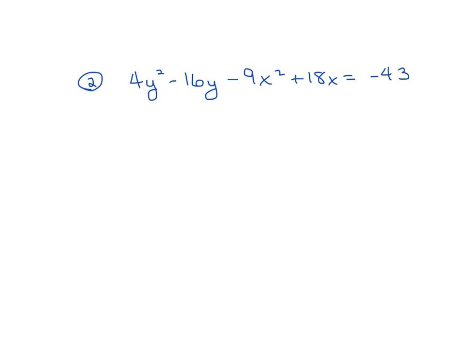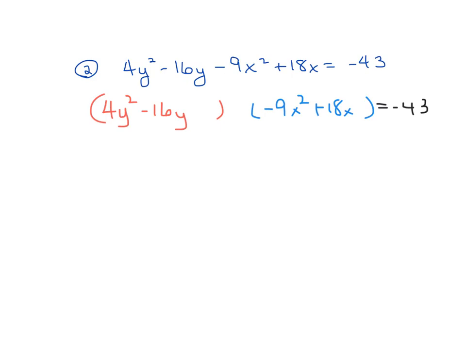So 4y squared minus 16y, make a group. Do the x's in blue, or whatever color. So x, oops, I didn't leave a space. X, blank space, equals this constant.